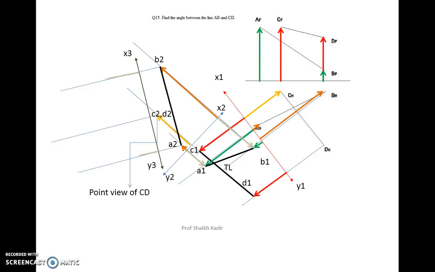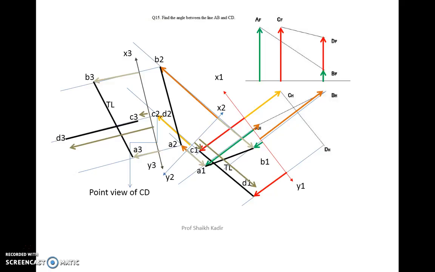Now cut their respective projectors in the auxiliary view. We will get the next view of line AB, that is A3 B3. Joining A3 B3, we will get the true length. In a similar way, measure the distances of C1 and D1 from x2 y2 and cut them from x3 y3. We will get C3 D3.